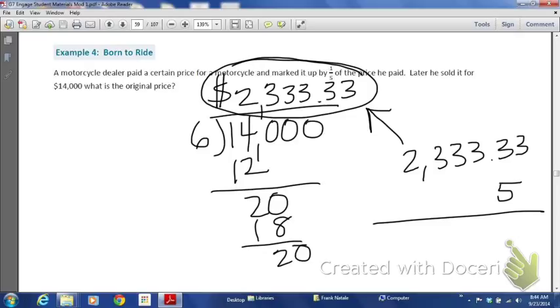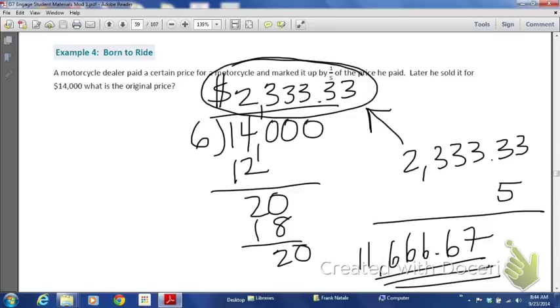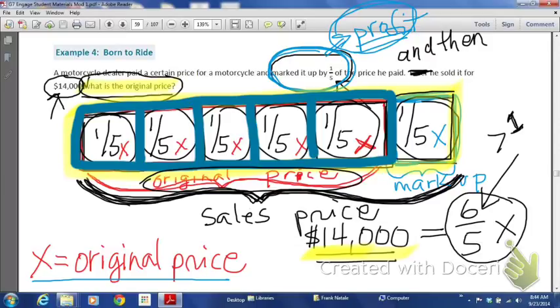I'm going to get a number very close to $11,666.67. Of course, it's not going to be the exact same price, but it is going to be very, very close. So we could do it that way. You could look at it as, how much is each fifth worth?